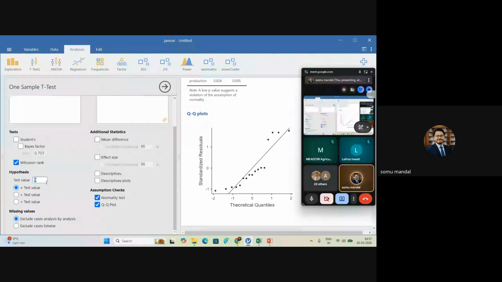Suppose you have some historical data. If you have information that in that particular region the mean agricultural production is 10 kilogram per hectare, you can consider this value here and check whether all the observations, all the outcomes from the different plots, are equal to 10 or not equal to 10.